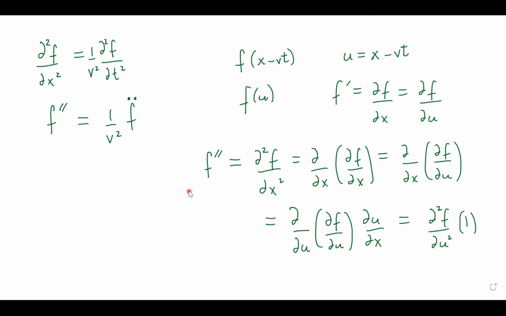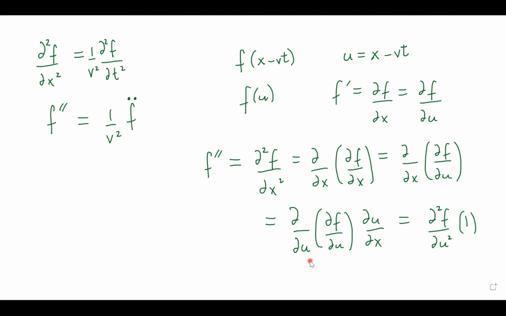Once we have f prime, we can calculate f double prime. This is the second derivative of f with respect to x. So in other words, we are taking first one derivative of f with respect to x and then another derivative with respect to x. But we already know that f prime is the same as partial f partial u, so we can plug that in.